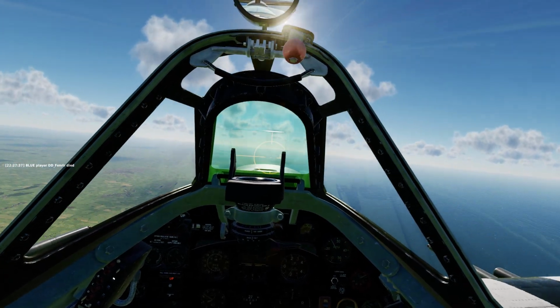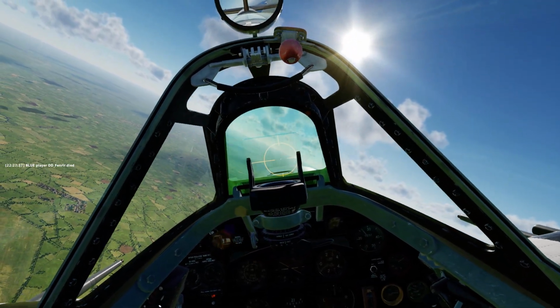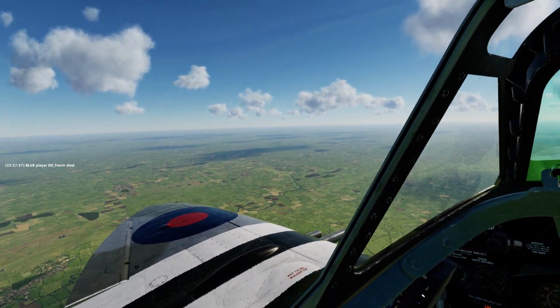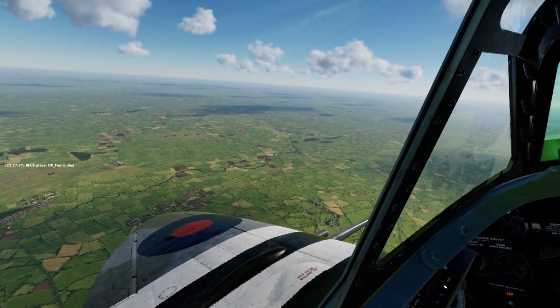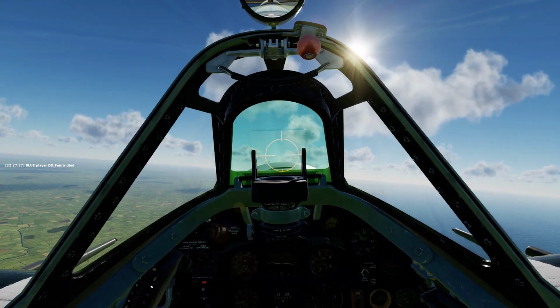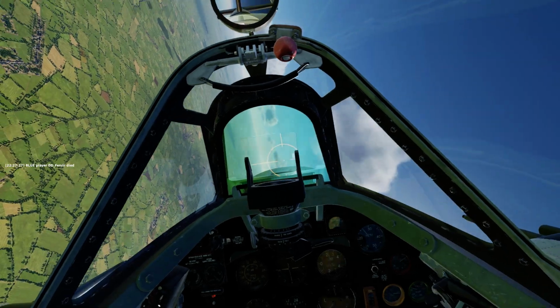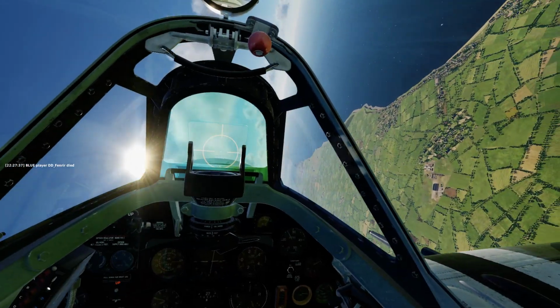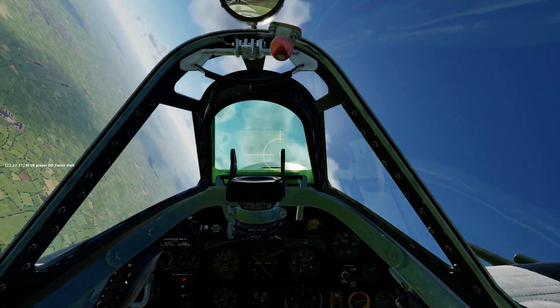So if you're making corrections, you can afford to do little roll corrections and not have to worry about correcting or coordinating the roll too much. However, if you're doing very large displacements, dogfighting, you're going to want to try and get those forces balanced.